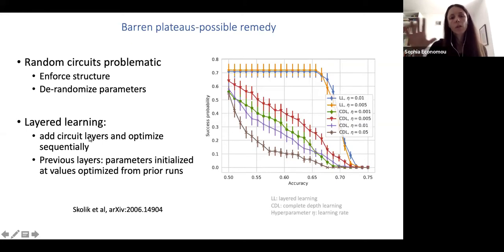So instead of putting the full circuit and optimizing it at once, what they did here is they optimized it in layers, so that the early parameters were fixed from the early optimization, and then the second set of parameters was optimized with these early ones fixed, etc. And they showed that this seems to help.